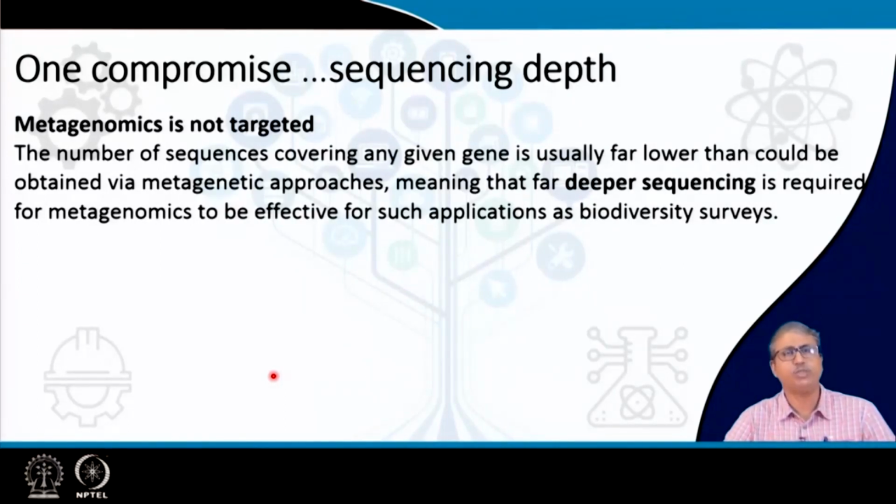Suppose I am looking for a particular carbon fixation gene in my sample, but it may so happen that the carbon fixation gene abundance is naturally very low. So, when I have maybe 1 million reads and after they are treated, I may find that my carbon fixation gene is not there.